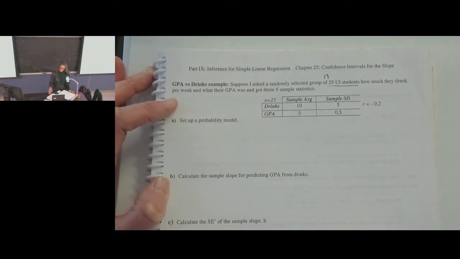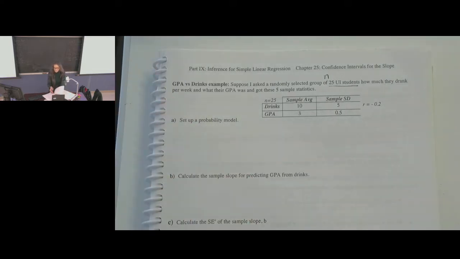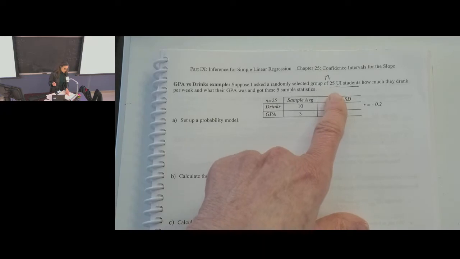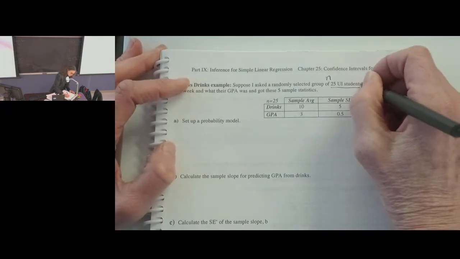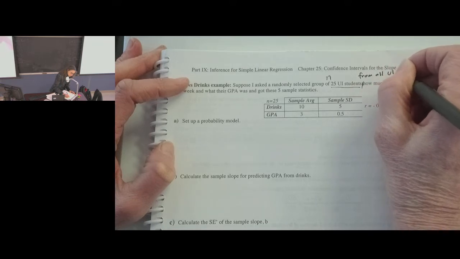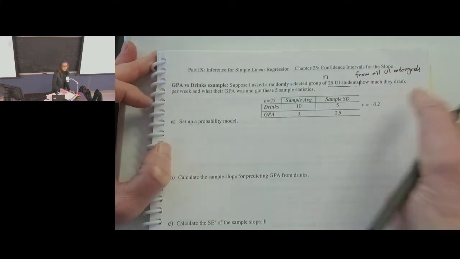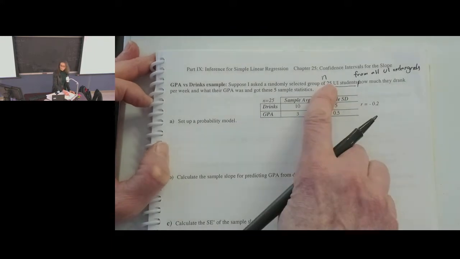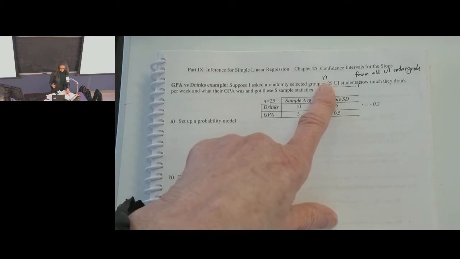Let's say we selected it from all the thousands of U of I students, okay? Now, do I need to know exactly how many U of I undergrads there are? No, because this is the only number that's going to be figuring into our calculations.